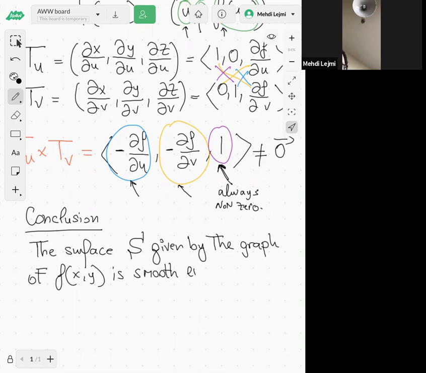Because this cross product is never 0. Right.